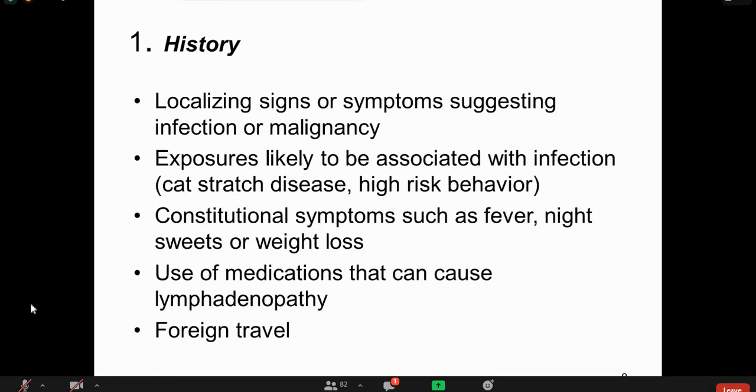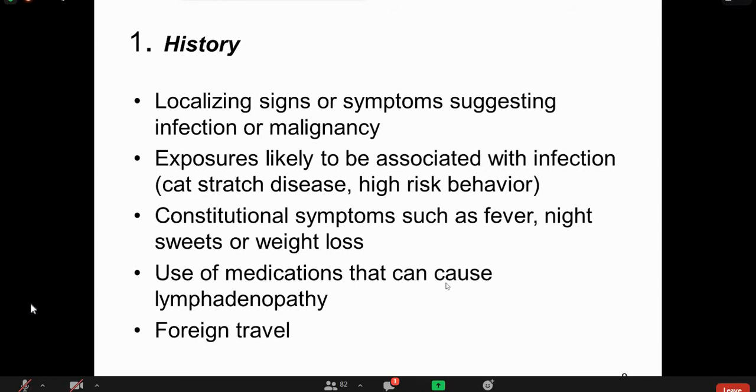History of exposures, for example, cat bite or cat scratch. And again, high risk behavior, that is history of IV drug abuse, extramarital affairs and sexual contacts. Constitutional symptoms such as fever, weight loss, drenching night sweats, pruritus. These constitutional symptoms are very important in terms of investigating chronic disease like tuberculosis or any sort of malignancy.